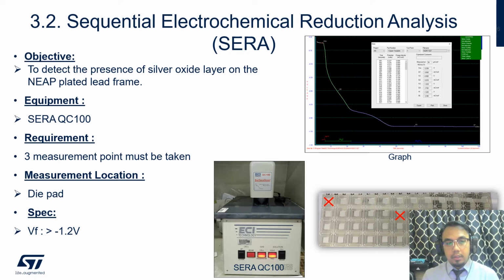The measurement location is on the die pad with the spec that we must have VF below negative 1.2 volt. As you can see in the picture, there is the SERA QC machine and the graph of the result.